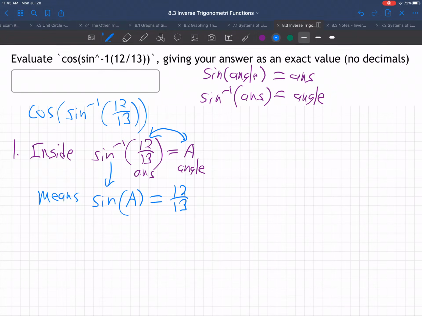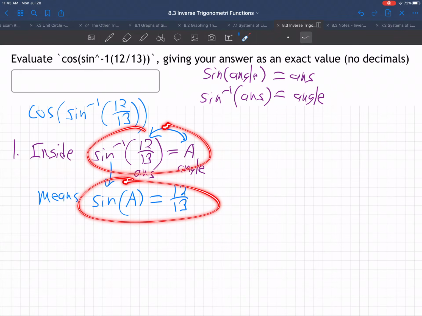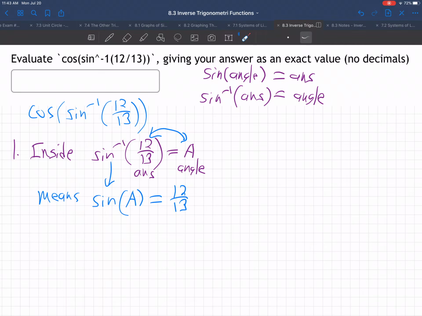So do you see what I did there? A sine inverse statement implies the reverse sine statement, of course. That's what an inverse function does. It swaps these. If the sine inverse of 12/13 is A, then the sine of A is 12/13. Just swap them back. It's the very meaning of an inverse function.